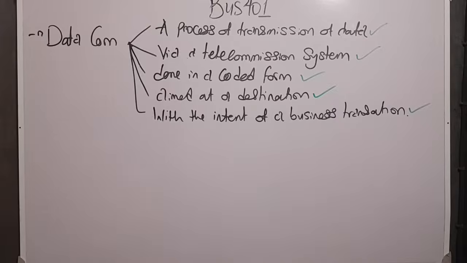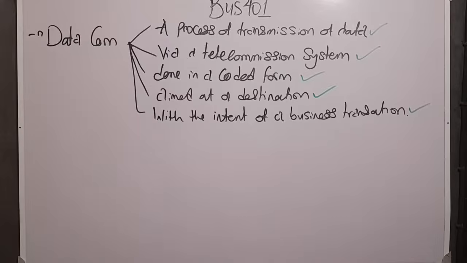talking about the telecommunication system now. This telecommunication system is capable of transmitting text, graphics, images, voice or video. So when we're talking about the transmission of data or data communication, the telecommunication system is very important.